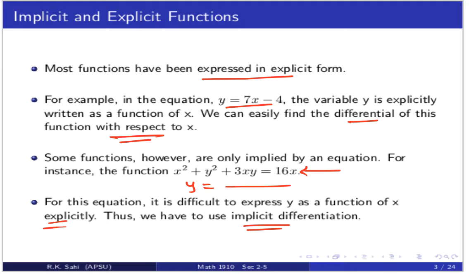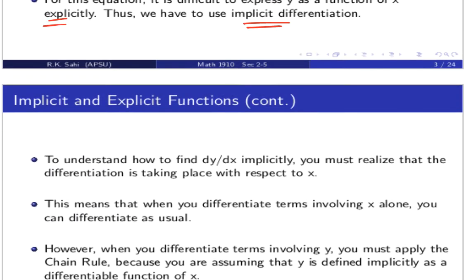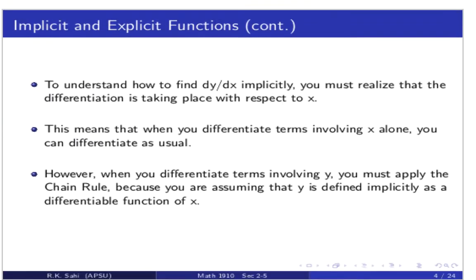Now, certain things to keep in mind. In order to find dy by dx implicitly, we have to realize first of all that the differentiation is taking place with respect to x. That means when you're differentiating terms which are x alone, then you do the normal differentiation.